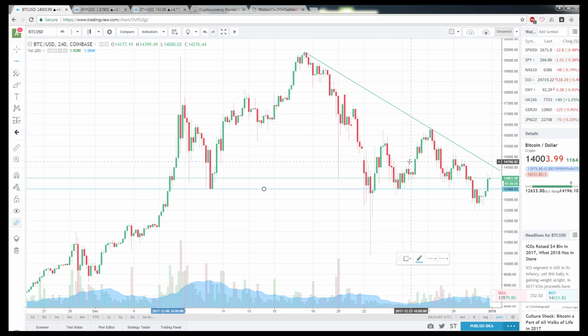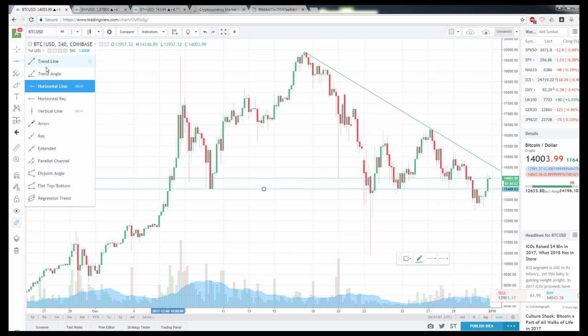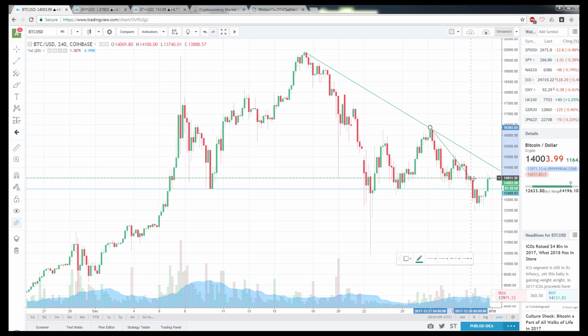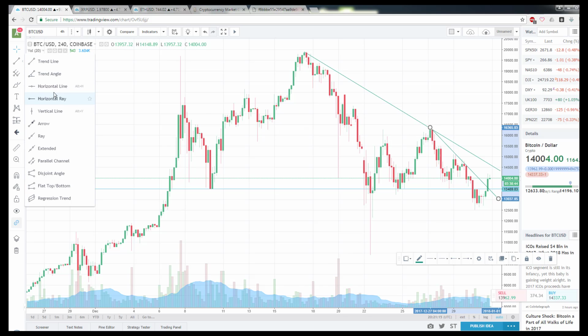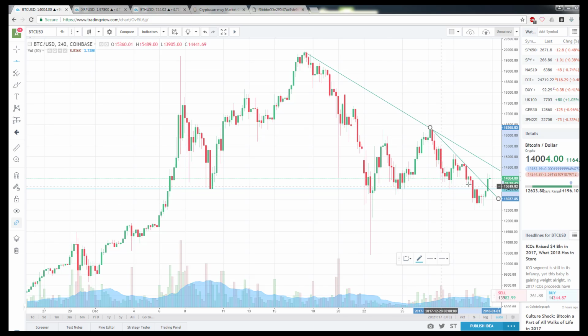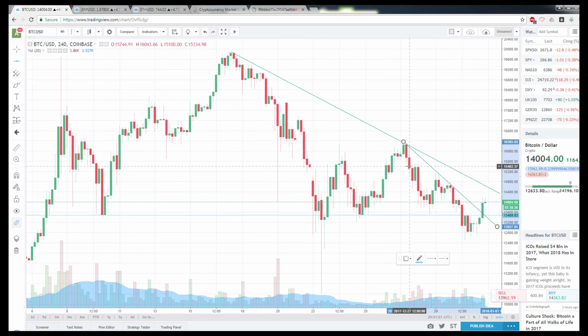Okay, so we also have to draw the inner trend line right here. Cool, that's one. And of course we have to draw resistance lines that are above the current price point. These are a little bit harder to see right now, but I am assuming that this will be one, because of these two candles right here.